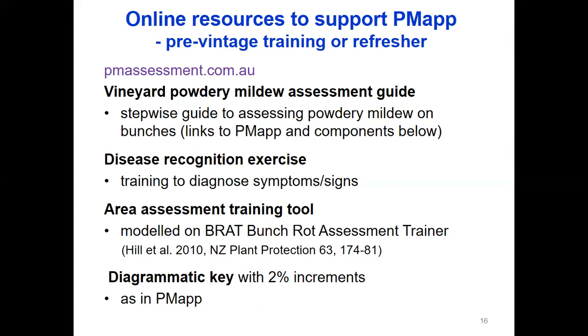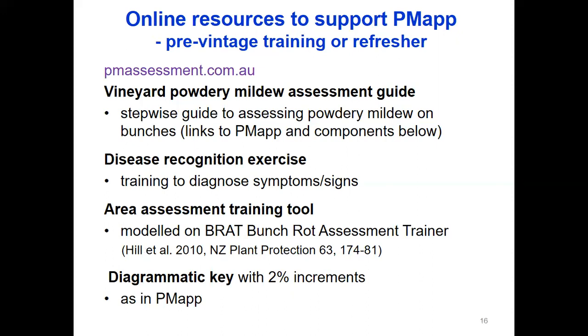The website's given here and it's got 4 components. The Vineyard Powdery Mildew Assessment Guide is a text-based stepwise guide to assessing powdery mildew on bunches, and it's got links in it to the app and also to the other components. So if the user goes through the guide and says, I'm not 100% confident I can recognize powdery mildew, they can click on the link to the training to improve their ability to diagnose it based on its symptoms and signs.